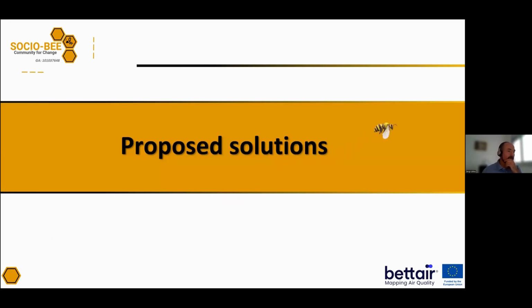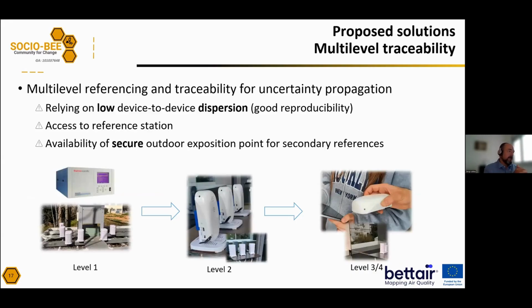So what were our proposed solutions for these challenges? After the first iteration, which happened in spring 2023, and having a good picture of how challenging these challenges were, we decided to go for a multi-level referencing and traceability for uncertainty propagation.